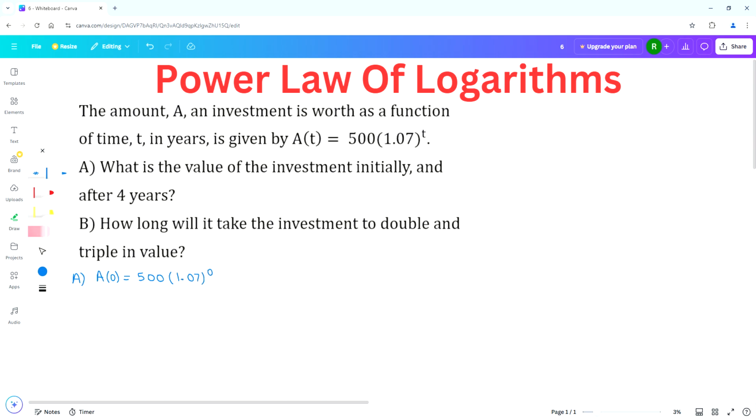We have to find the value of A at 0. 1.07 to the power 0 is equal to 1. 500 times 1 is equal to 500. This is the initial value of the investment and the unit is dollars.